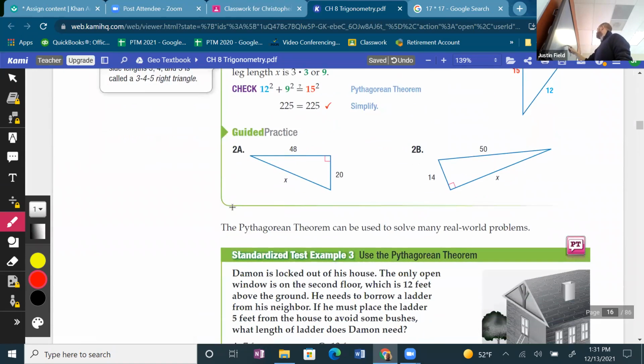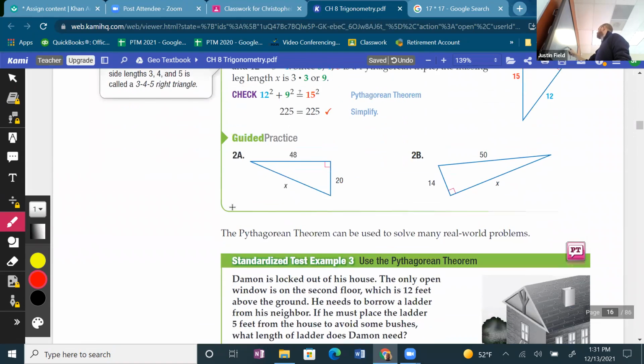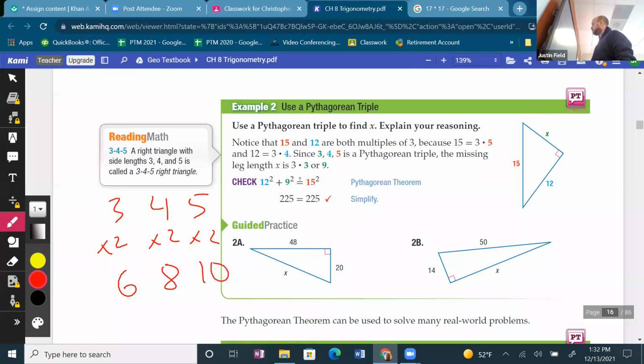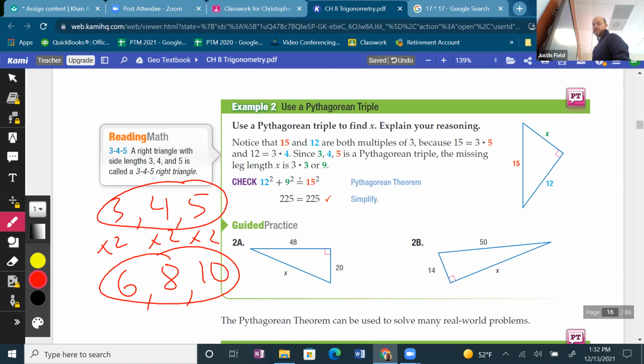And you can use a Pythagorean triple. If they're multiples, 3, 4, 5 is a Pythagorean triple, but if we multiply each one of them by 2, we of course get another Pythagorean triple, the other famous 6, 8, 10. And all Pythagorean triples could be sides of a right triangle.